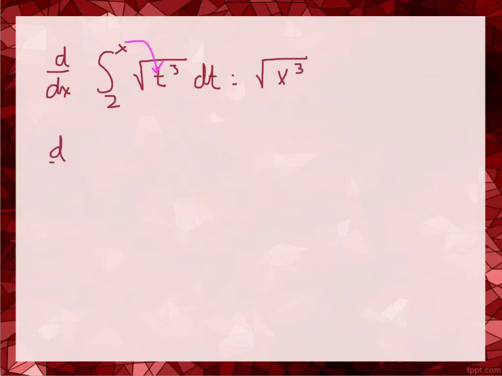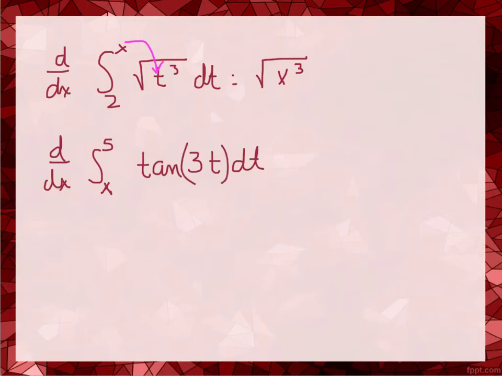What would happen if we had d dx of the integral from x to 5, let's say, of tangent 3t dt? Well, because our limits of integration are reversed, we need the 5 on the bottom, the x on the top, we could rewrite this as the integral from 5 to x, but remember we have to do the opposite or the negative of our problem.